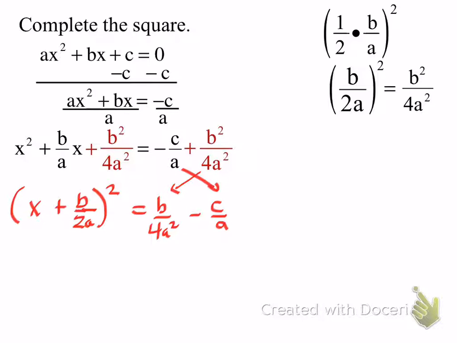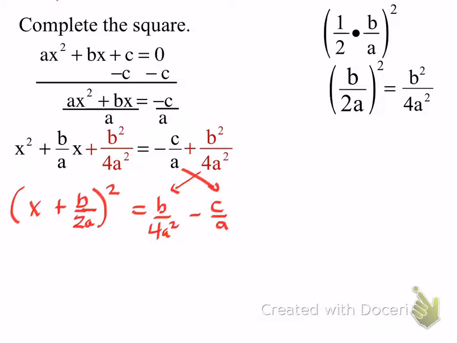Okay? Now, how do I add and subtract fractions? What's the golden rule, Preston? Has to have the same denominator. And so what do I need to do over here to make it have the same denominator? You multiply 4a on the numerator and the denominator. So I have to multiply by a fancy one of 4a over 4a to the minus c over a.